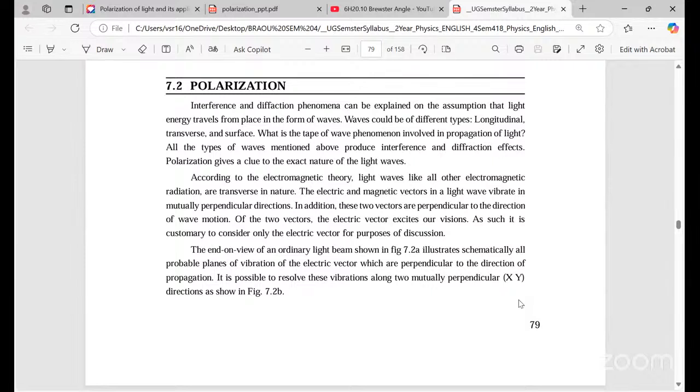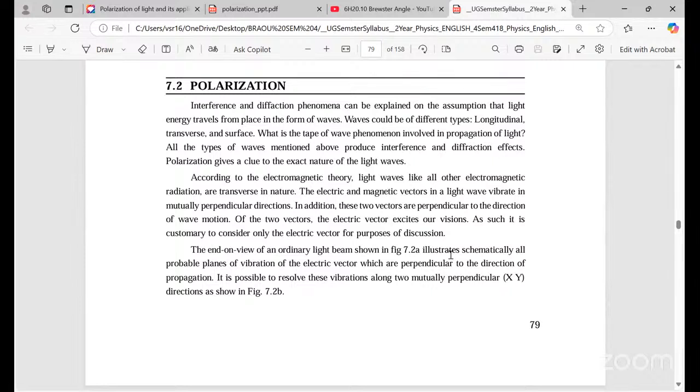This is the most important objective bit. So the electric component E and the magnetic component B are perpendicular to each other. But the direction of propagation of the wave is also perpendicular to these two components. So remember this. I will show you the diagram also.